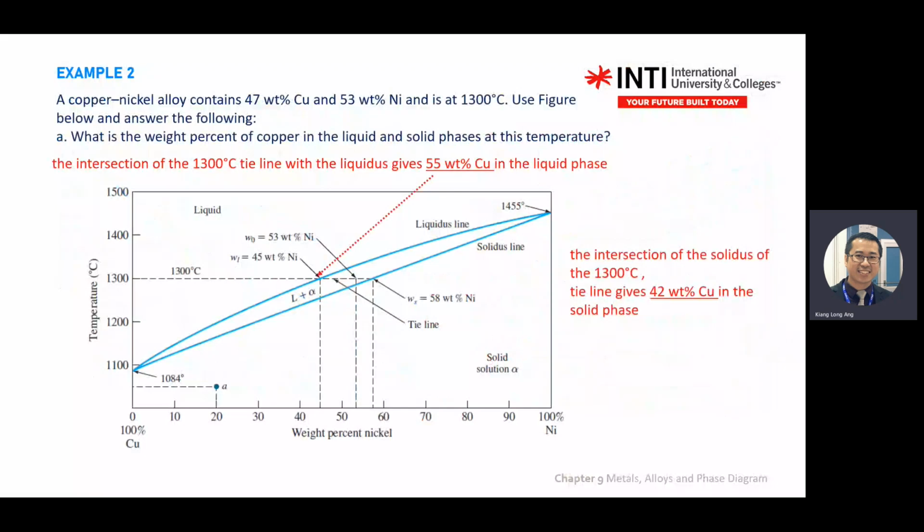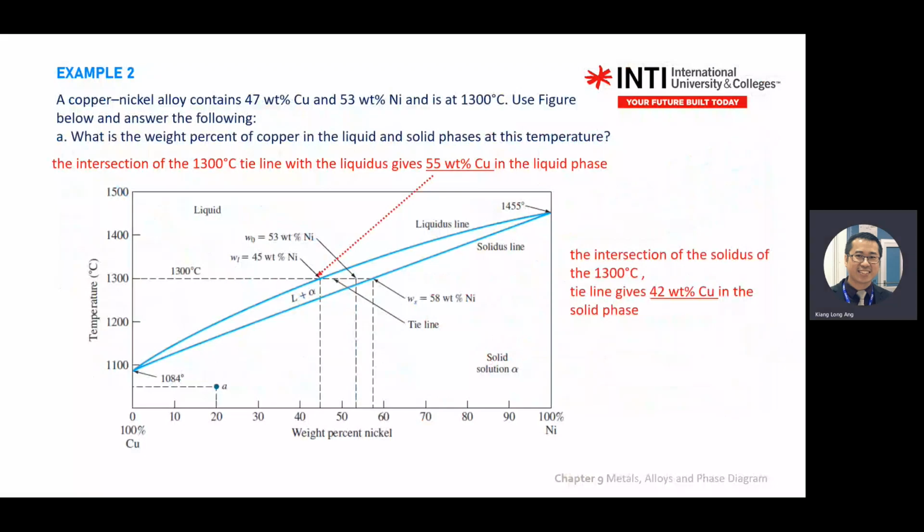Why do we focus on copper? The question gives you copper. The question asks you to find copper and not nickel. So you focus on copper. You don't go and do nickel, because the question asks what the copper percentage is for that one.